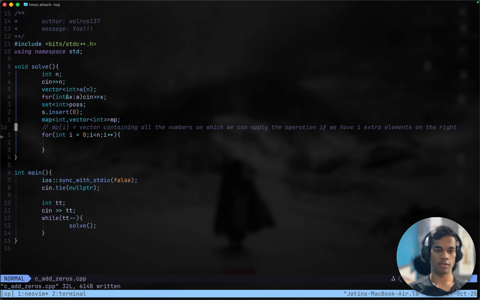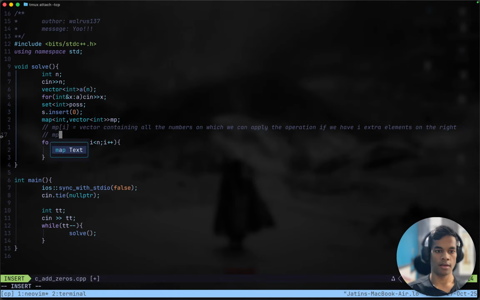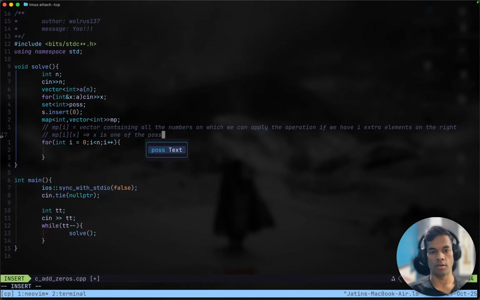Right, makes sense. And in MP[I], some specific x is one of the possible length extensions we could have if we apply the operation.